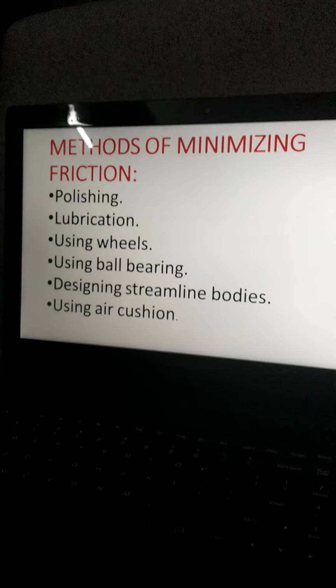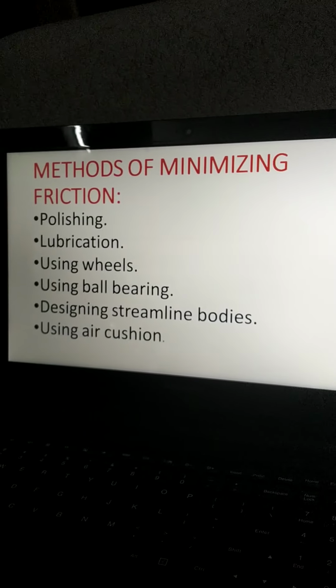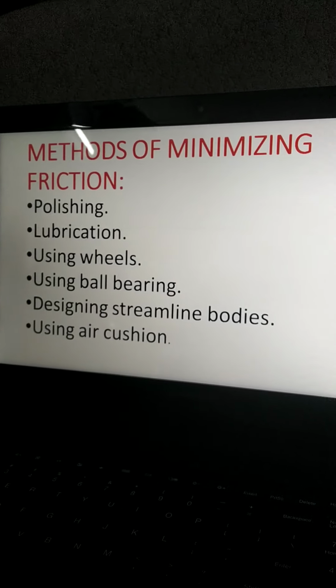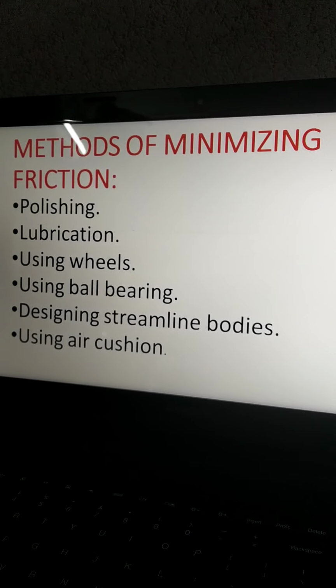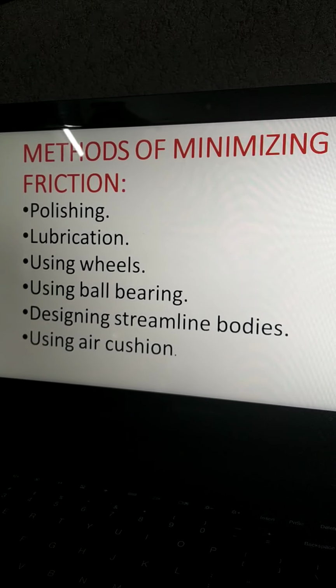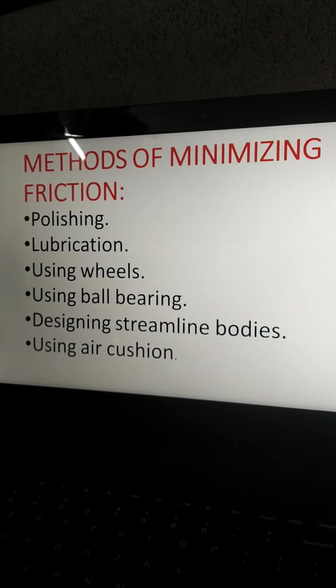Polishing, lubrication, using wheels, using ball bearings, designing streamlined bodies, and using air cushions. Remember, for air cushions, what example I gave? The example of hovercraft. Go to YouTube and find out how a hovercraft looks, or moves, or works. That will help you to understand. Different ways of minimizing friction, good.